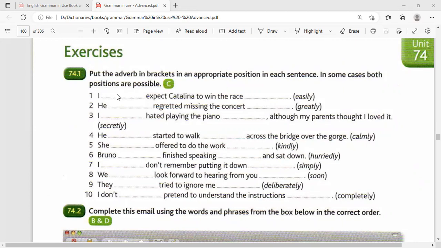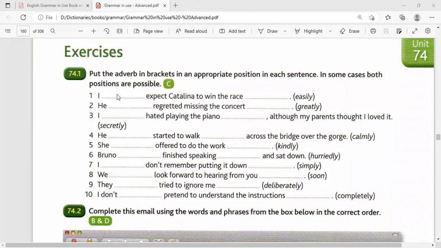Okay, number 2. Yes, Hannah, number 2, what do you think? It will be he greatly regretted missing the concert. I'm sorry, Hannah, could you say it again?